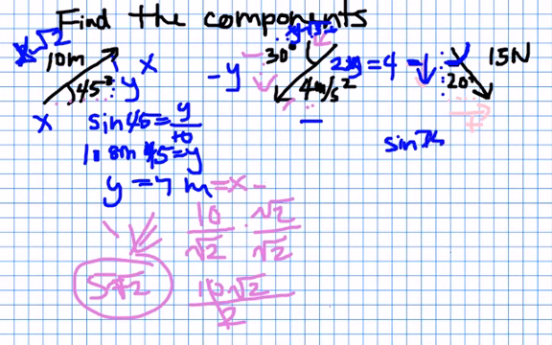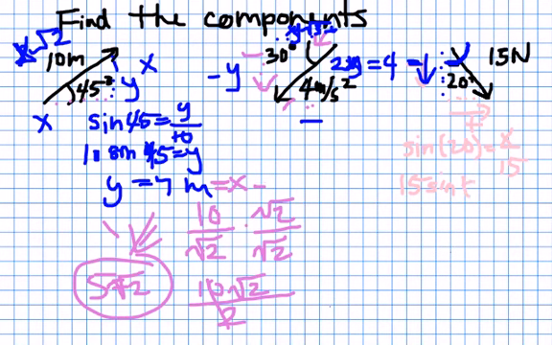So sine of 20 is equal to x over 15. And I'm going to redo that in the color I was supposed to do that in. So sine of 20 is equal to x over 15, you move the 15 over.